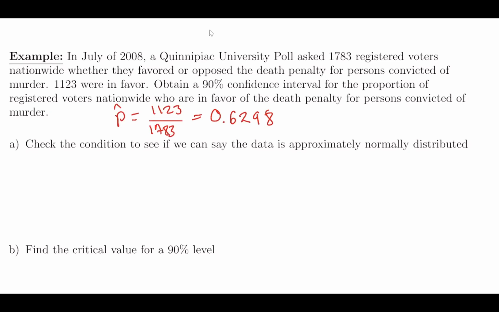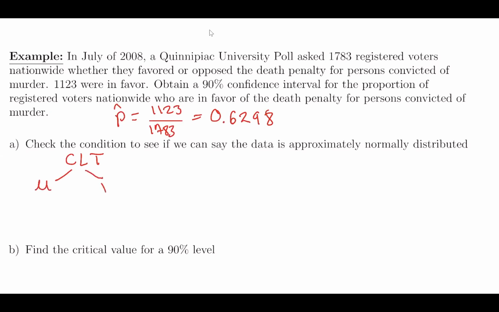For part A, it said check the condition to see if we could say that the data is approximately normally distributed. To say the data set is approximately normally distributed, we have to check the central limit theorem. We actually have two central limit theorems. One, if we're doing this for the population mean.